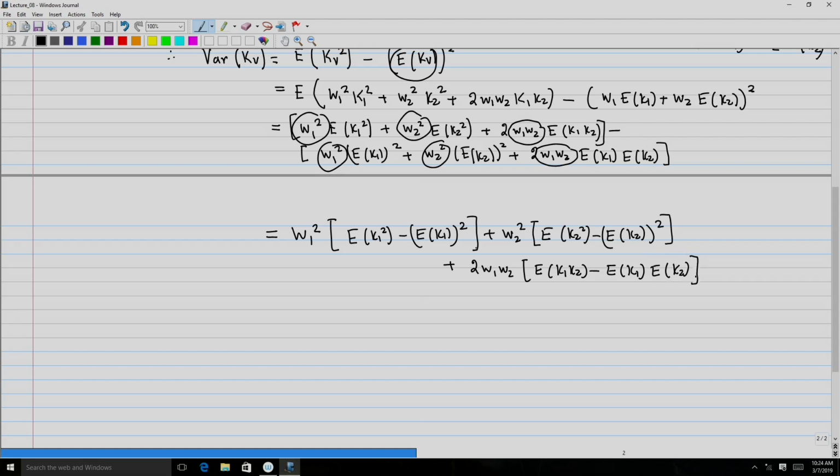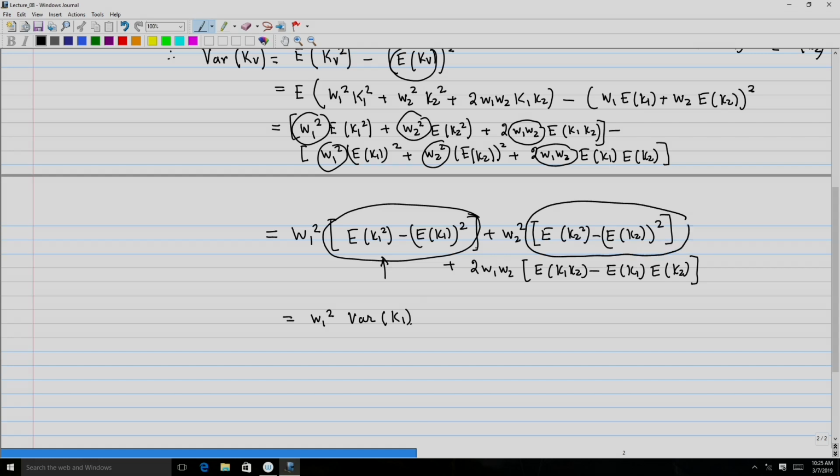Observe carefully, this particular term here is E of K1 square minus E K1 whole square. Remember that K1 is a random variable. So, by definition of variance, this term can be replaced with variance of K1.